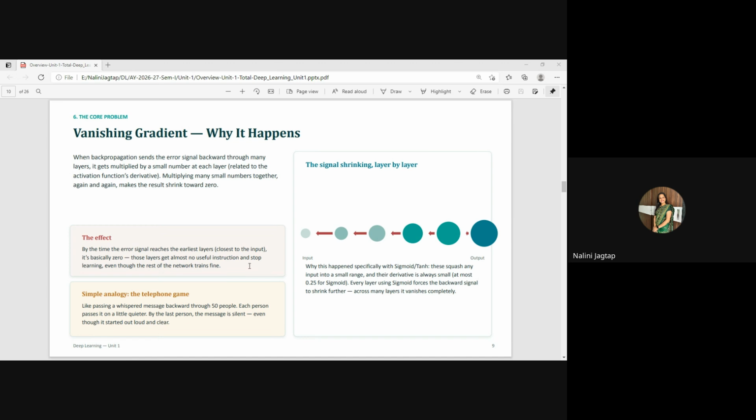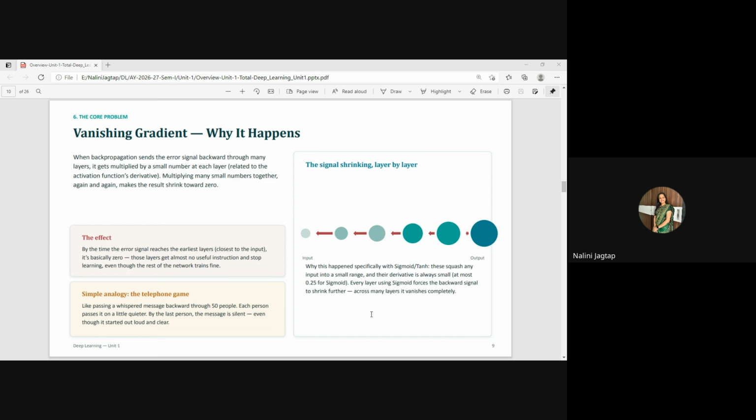A very simple analogy is a telephone game. A whispered message passes backward through, say, 50 people, and it gets a little quieter each time. By the last person, it becomes silent. In the real world, the consequence of this mathematical fact is very serious. By the time the error signal has traveled backward through many layers and reaches the earliest layer, the one closest to the input, it has often shrunk to something indistinguishable from zero.